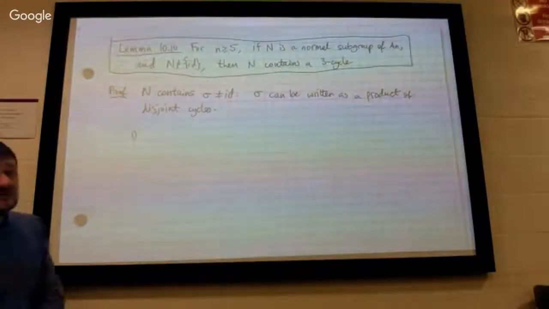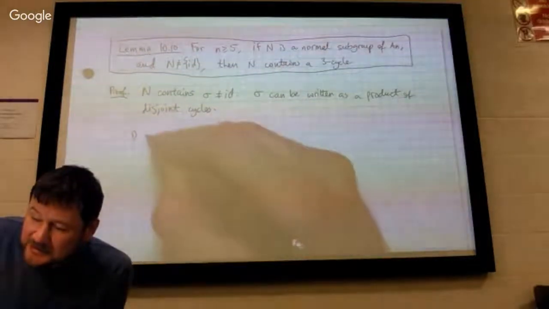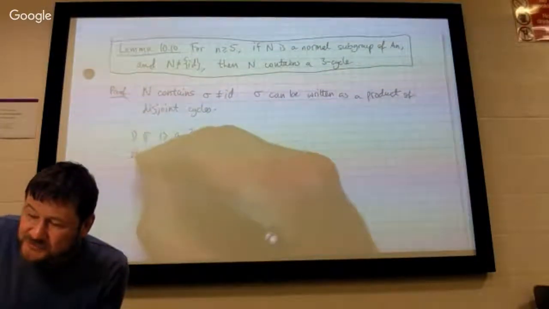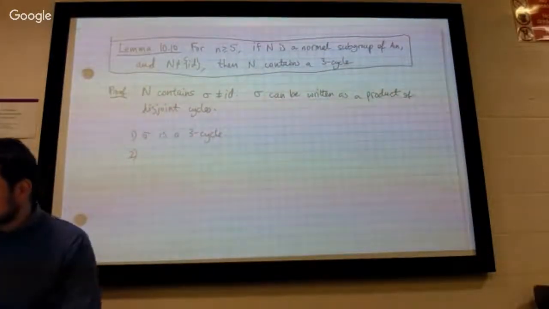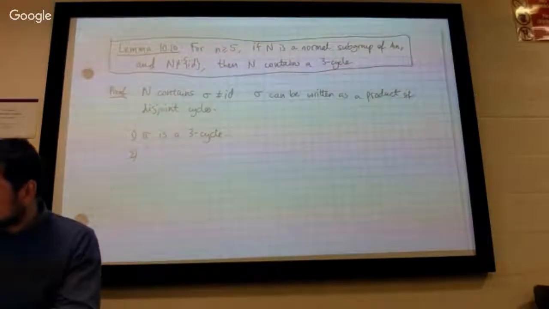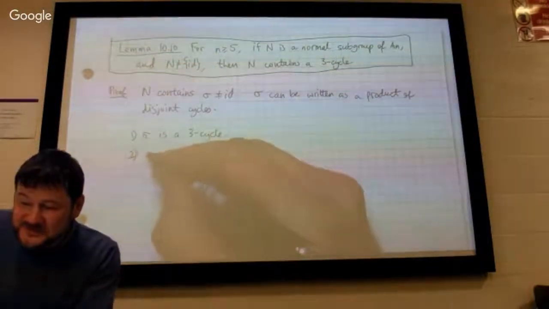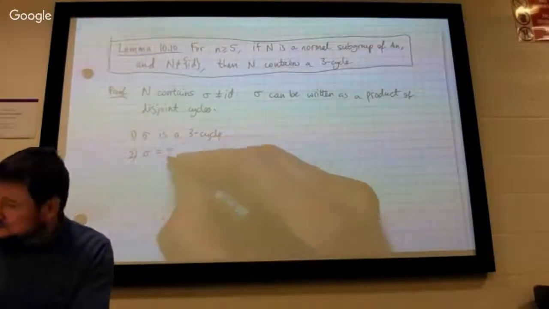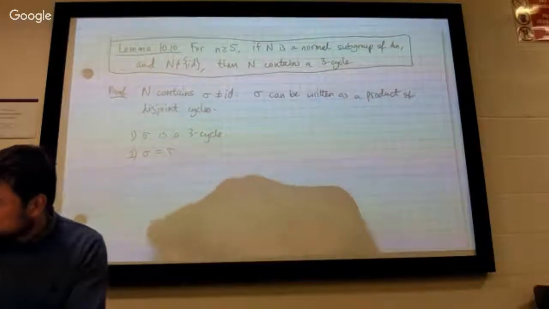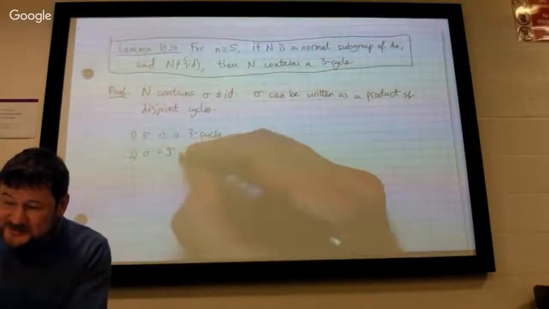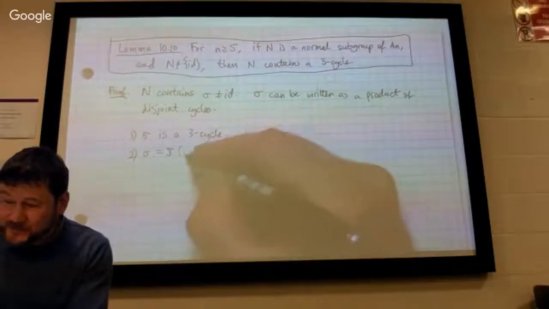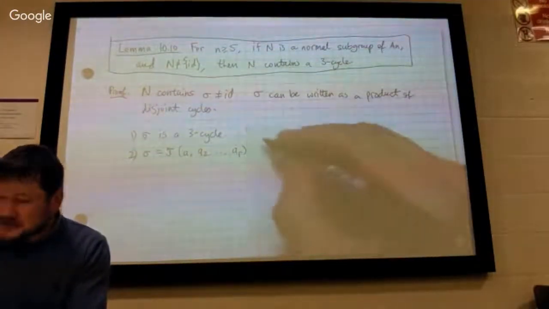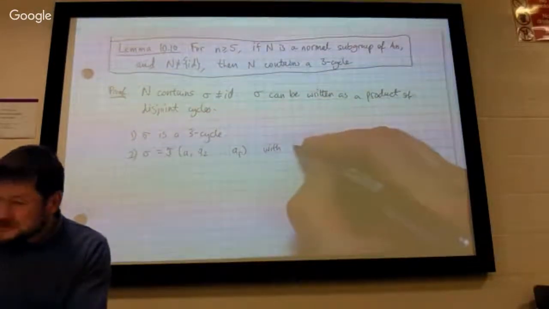There are several options. Number one, sigma is a free cycle. Number two, I'll just list the options first. Sigma contains a long cycle at the back, so it's tau times A1, A2, ..., AR with R bigger than 3.